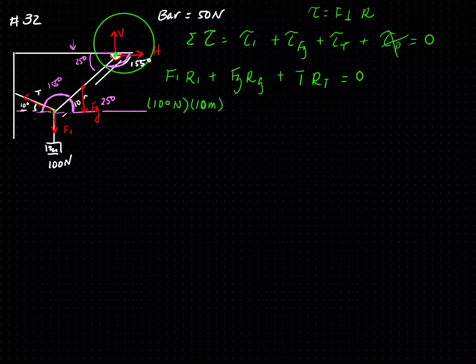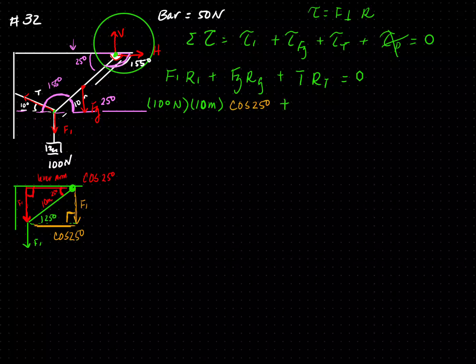So I'm going to redraw F1, but I'm going to shift it up. So if I drew my line like this, we know that this is my bar, this is my pivot point here. We know this is F1. And we also know this is 25 degrees.